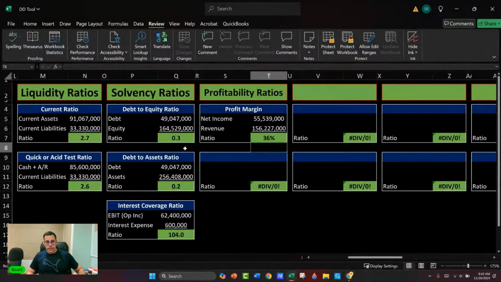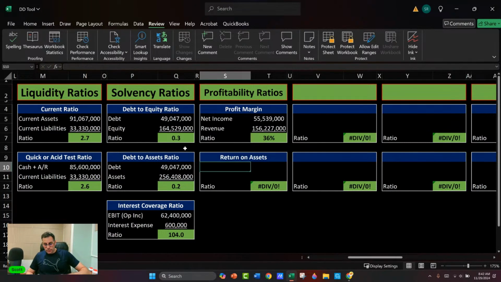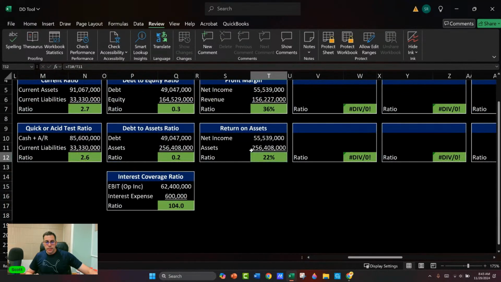So return on assets. So that's net income over assets. So net income, we could just take it right here. Assets is over here. 22%.